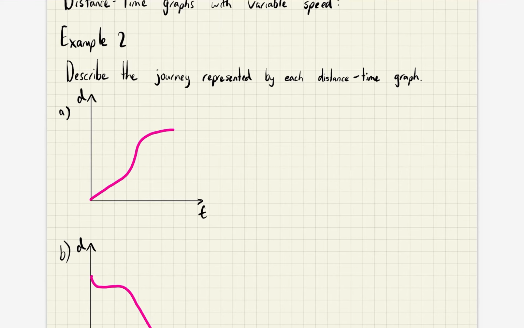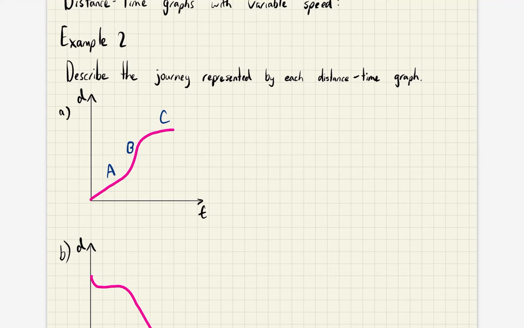So the first step is I'm going to get a pen, and I'm going to write what's actually happening for each of these graphs. And I'm going to label them, kind of like how the cyclist was labelled. So something happens at A, something happens here, and something happens here.